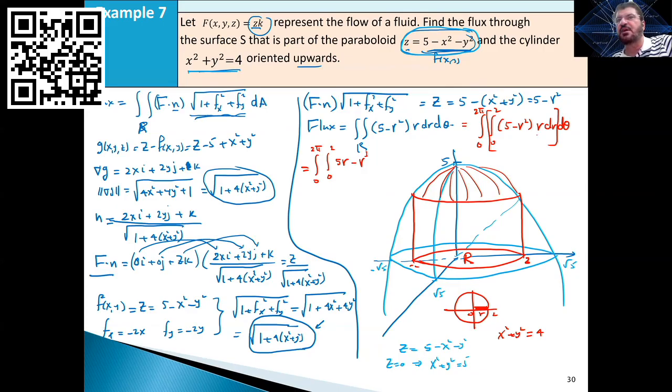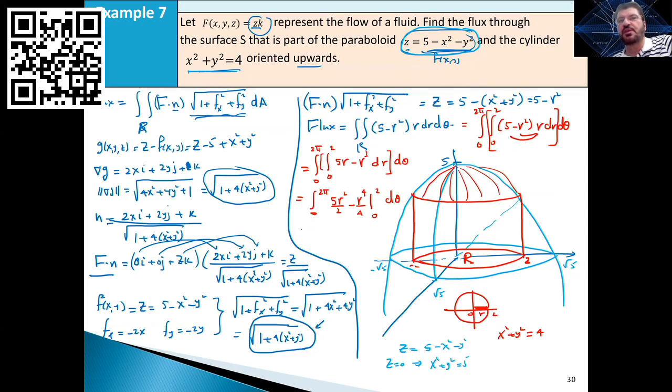I'm multiplying this r by 5 and r by this, dr d theta. Now integrate. So this is the integration from 0 to 2 pi. The integration of 5r is 5r squared over 2, minus the integration of this one, which is r to the fourth over 4. And this is from 0 to 2, d theta.